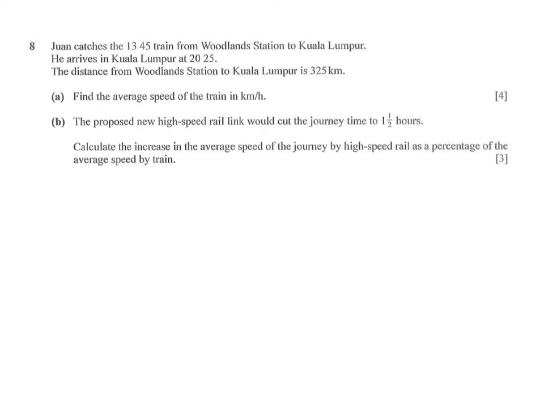Question number 8. Juan catches the 1345 train from Woodlands Station to Kuala Lumpur. He arrives in Kuala Lumpur at 20:25. What does this information tell you? From 1345 to go to 20:25, we can actually use our calculator. If you have the Casio, you can use this symbol, this one over here, to help you to calculate time.